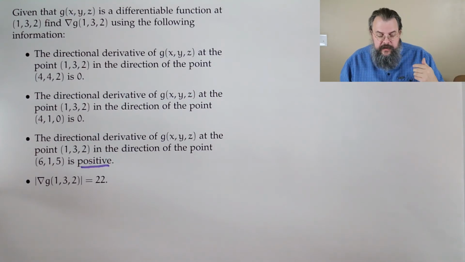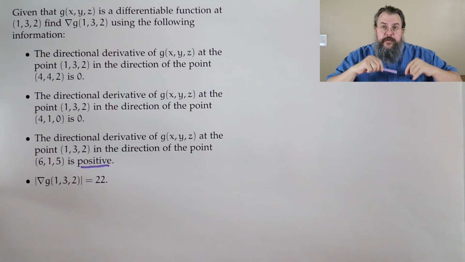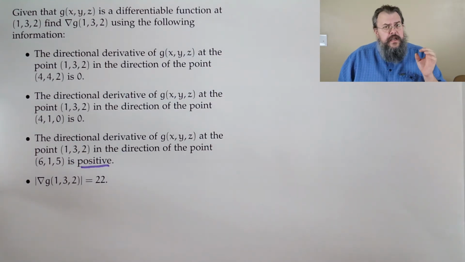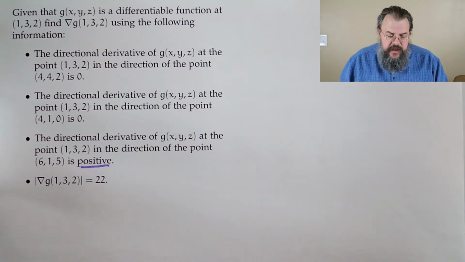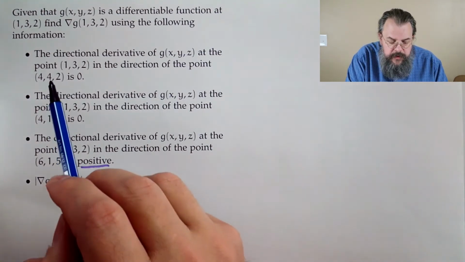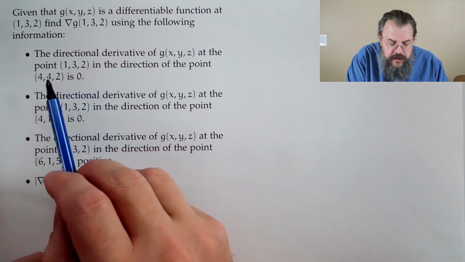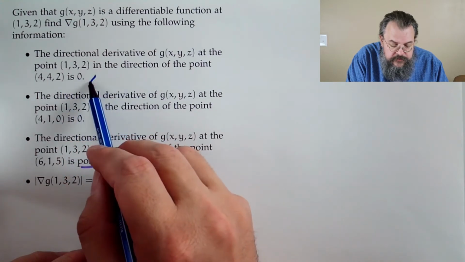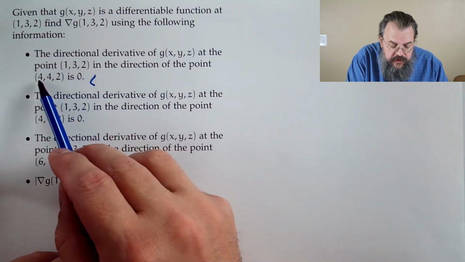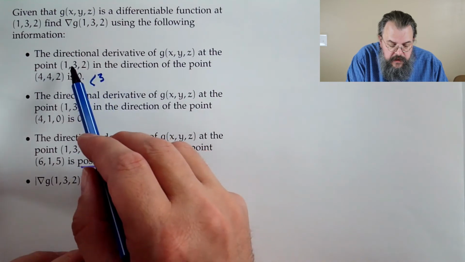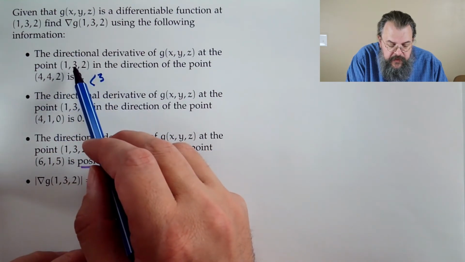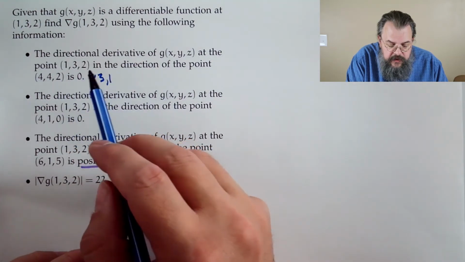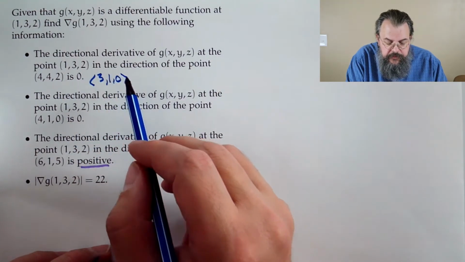So let's start by looking at these first three bullet points, which are all about directional derivatives. And we want to take a closer look at them and see what they're telling us. So, for example, we're going from the point 1, 3, 2 in the direction of the point 4, 4, 2. Well, what's that direction? We went up by 3, right? 1 to 4, up by 3. 3 to 4 says up by 1, and 2 to 2 says by 0.